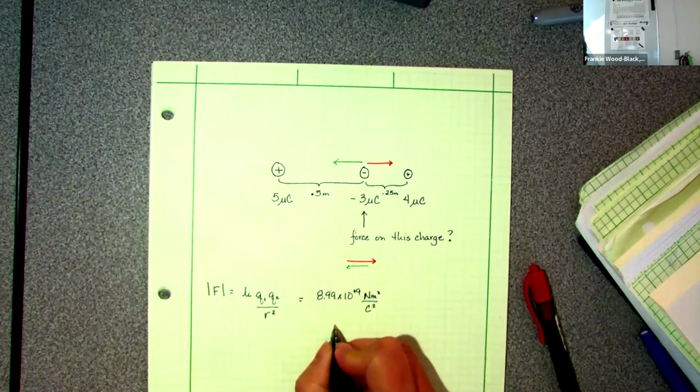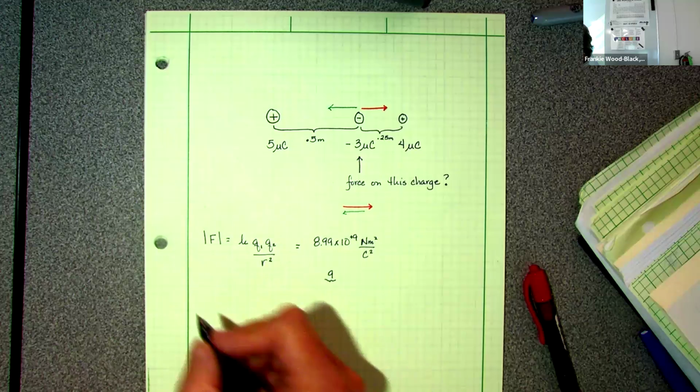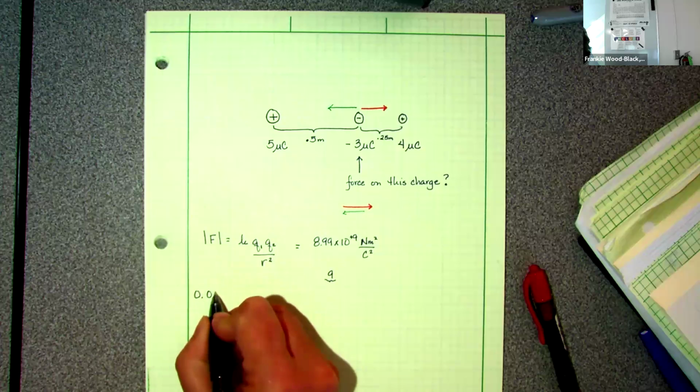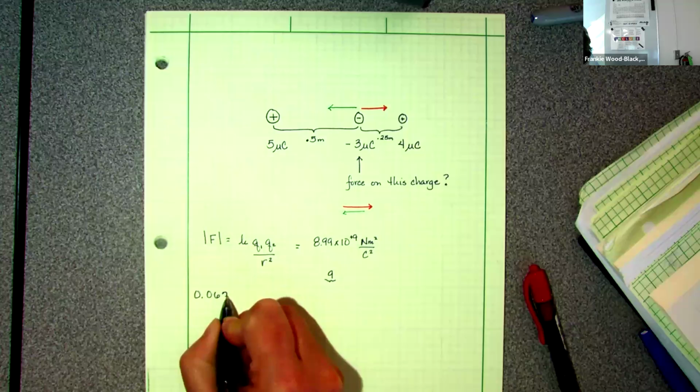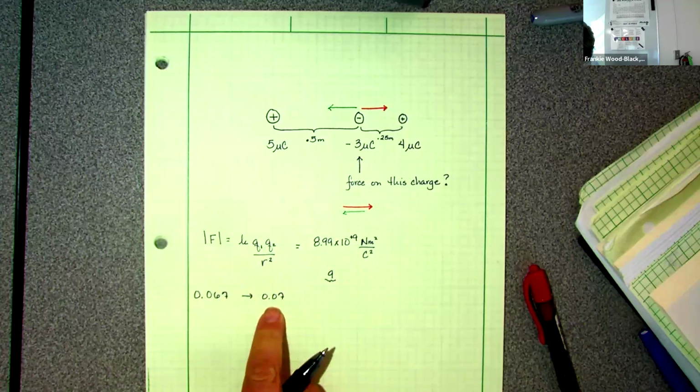Now, for a lot of this stuff, folks, you may want to use 9. WebAssign has been particularly persnickety, in the sense that if you're dealing with significant figures, for example, I've had several people have a problem where they've had 0.67 and they've typed in 0.07 and it's been counted wrong.